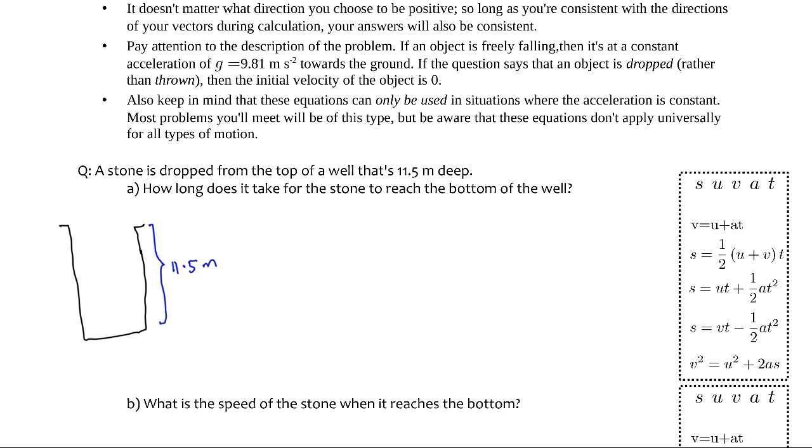What we need to first identify is what are the quantities that we know. They say the stone is dropped. If the stone is dropped, then I know the initial velocity is 0.